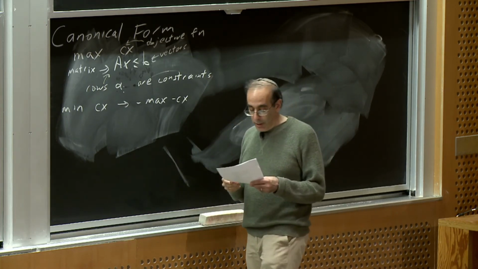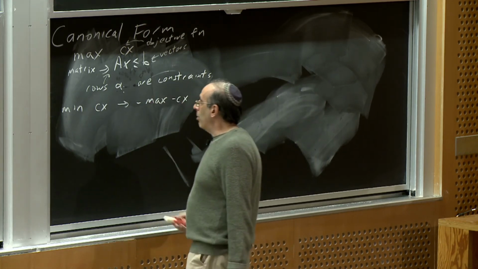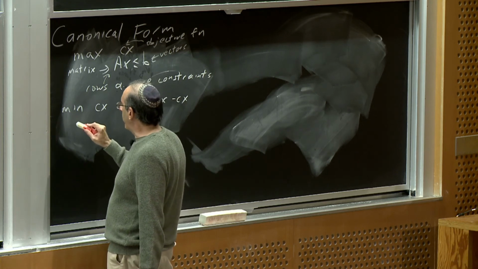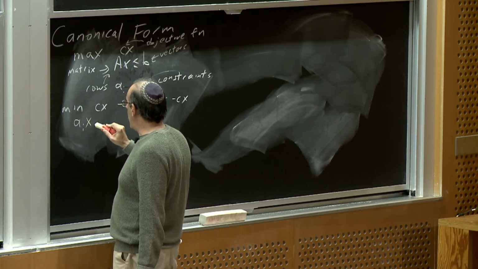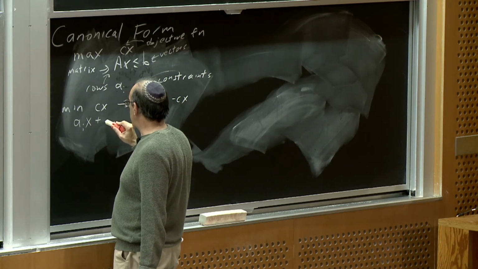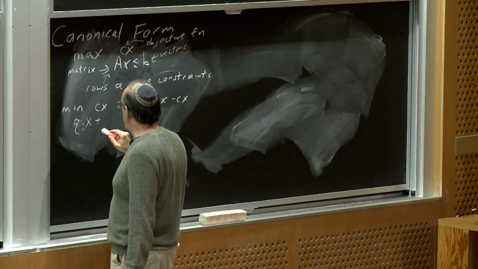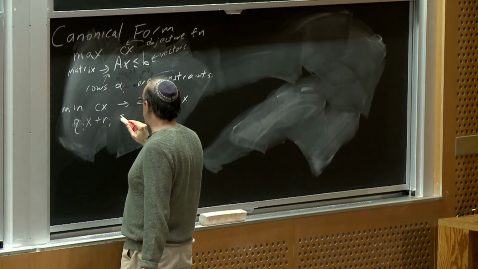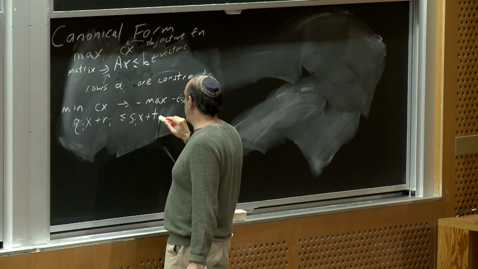Okay? So that's easy. Now again, a linear program can have arbitrary constraints. So we might have a constraint of the form, q_i x plus r_i is less than or equal to s_i x plus t_i.